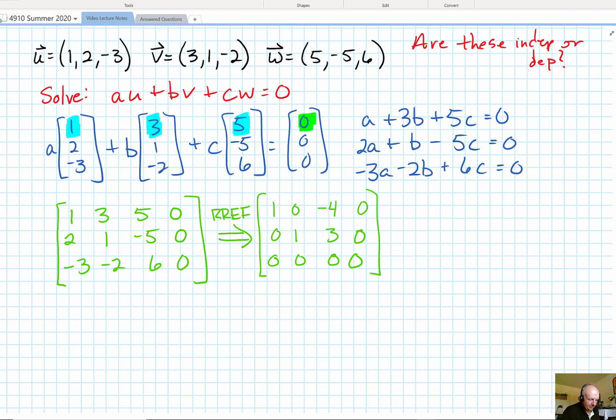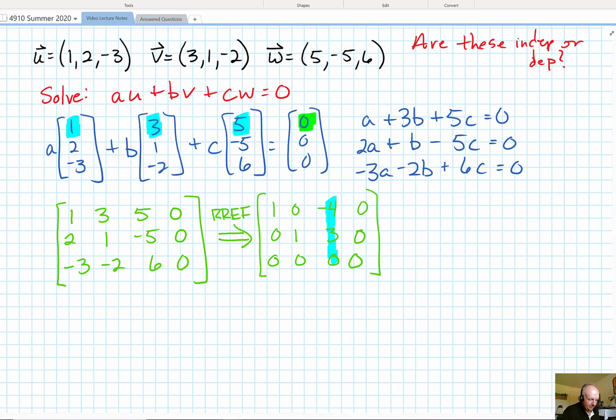Okay, so what we learn here, there's the row reduced echelon form. Notice we have a free variable right here, because there is no leading entry in that row. And remember, if you have a free variable, that means there are an infinite number of solutions.